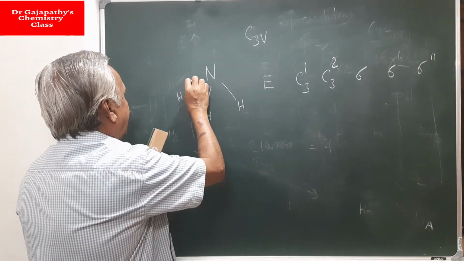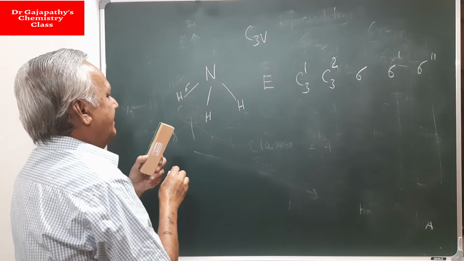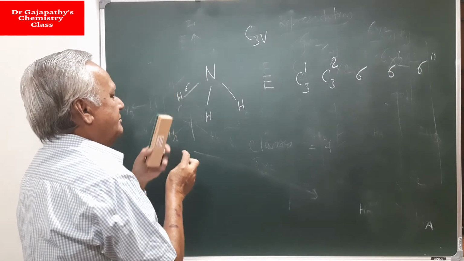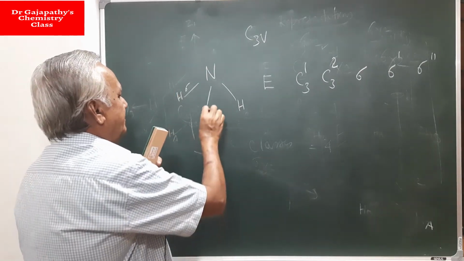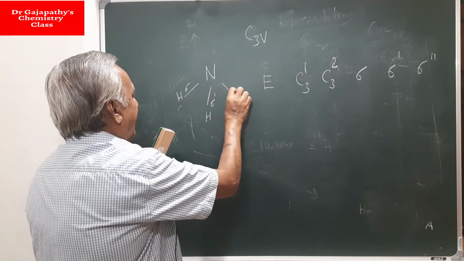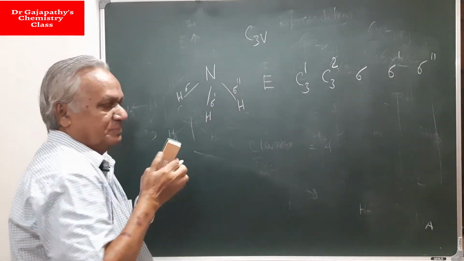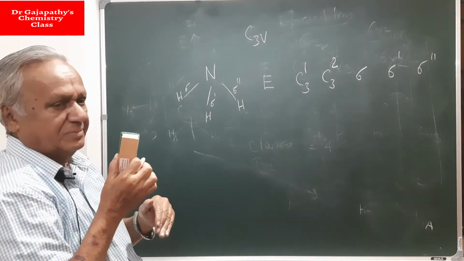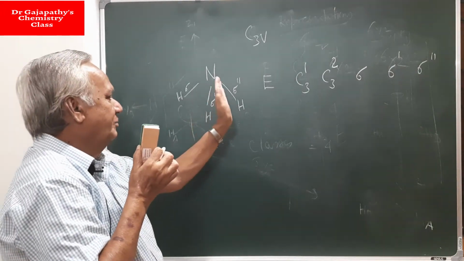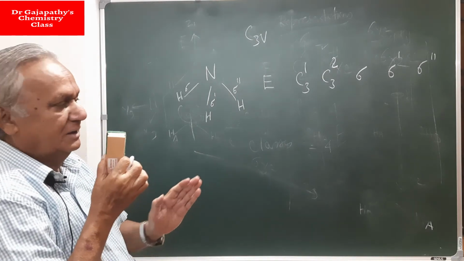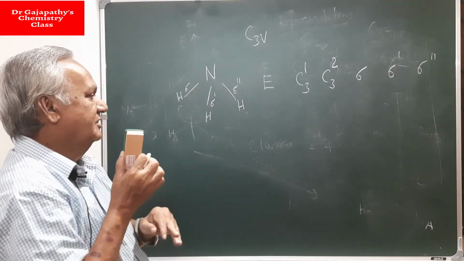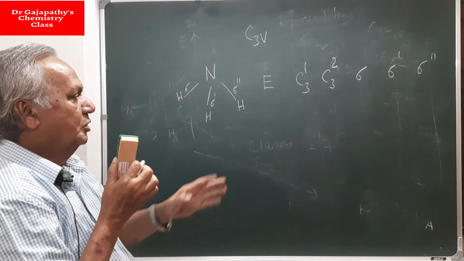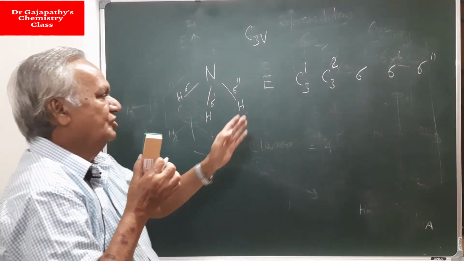Let me call the left plane sigma, this one sigma prime, and this one sigma double prime. If I reflect in the left plane, I will call it sigma, if I reflect in the right plane, sigma double prime, and the central plane sigma prime. So totally there are 6 operations possible.